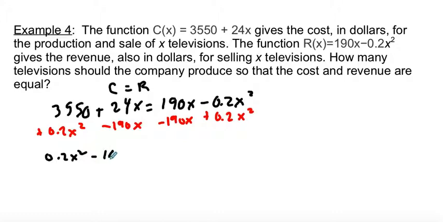So minus 166x. And then we still have that plus 3,550 equals 0.